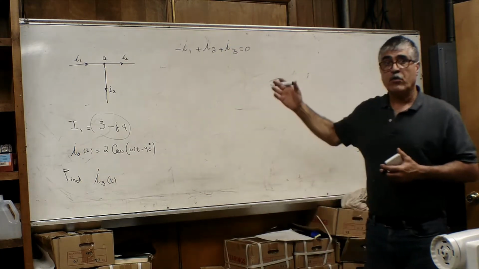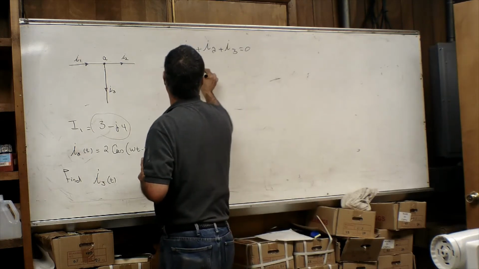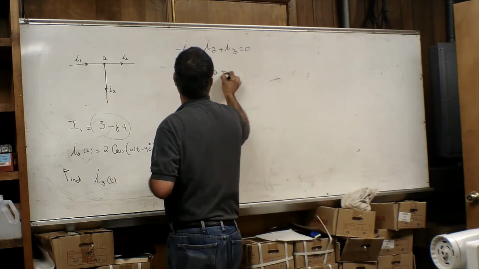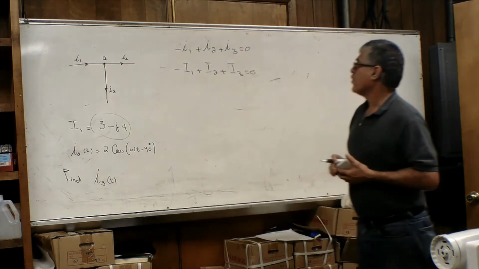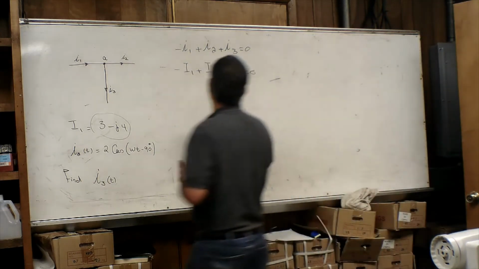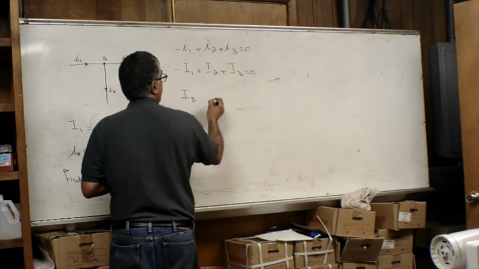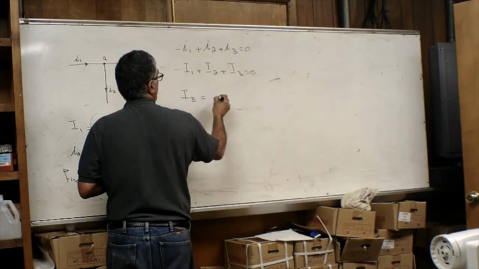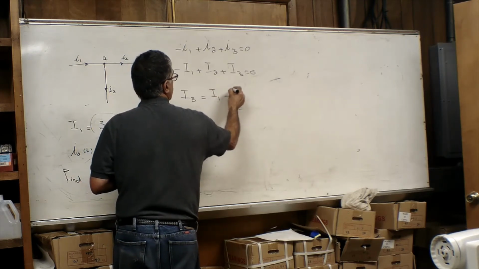We can also write this in phasor form as minus I1 plus I2 plus I3 is equal to 0. So from here, the current I3 in phasor form will be equal to I1 minus I2.